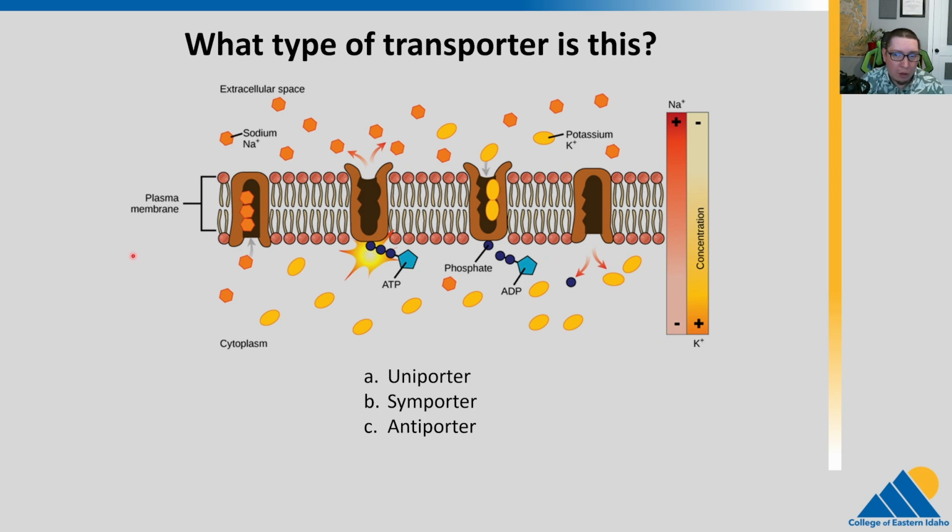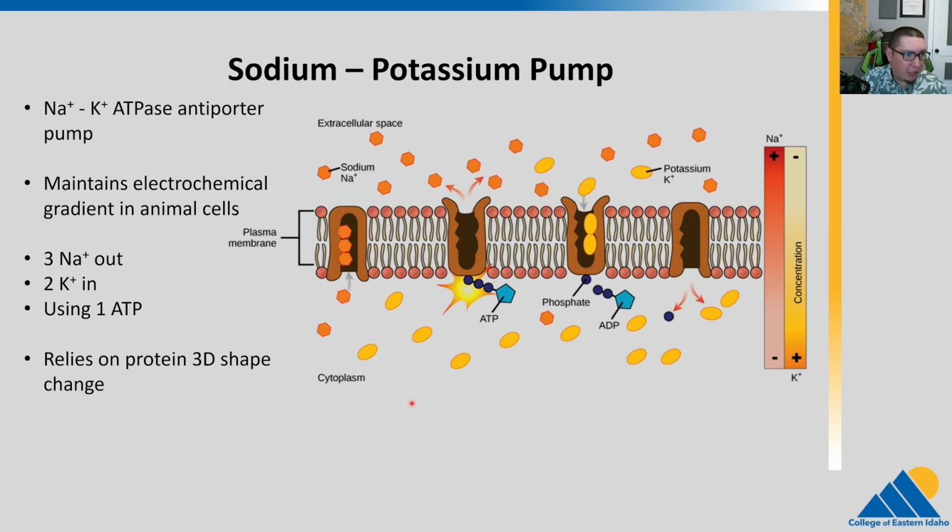So what type of transporter is this? That would be an antiporter, right? We have one thing being pumped one way and the other thing being pumped the other way. That's antiporter. This example is the sodium-potassium ATPase antiporter pump.